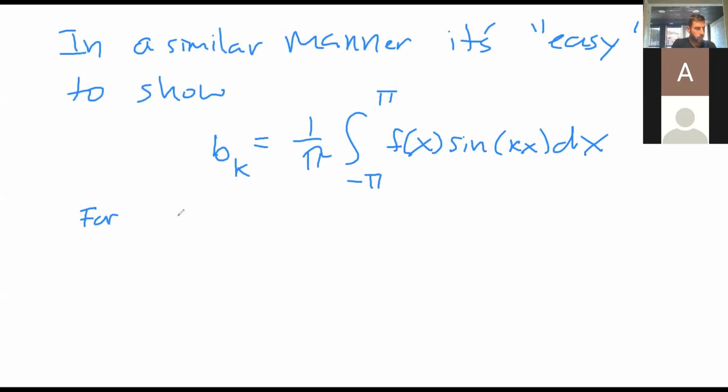Now, what happens when k is 0? The sine of 0 is 0, so this thing goes away. So b of 0 is 0.